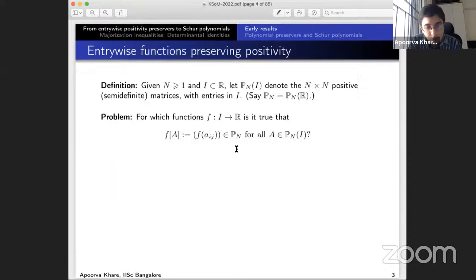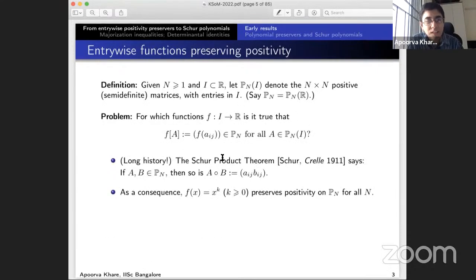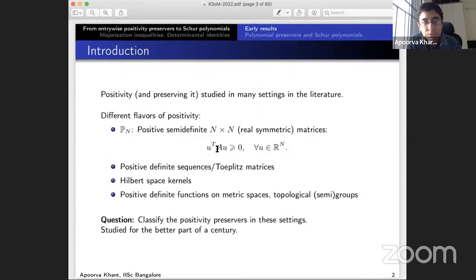An interesting extra property was actually noted more than 100 years back. This question has been studied for quite a long time now. That property is that this class of functions which preserves positivity is closed under taking products as well, because of the Schur product theorem, which says that if you have two matrices A and B satisfying this condition, then the usual product AB need not even be symmetric.